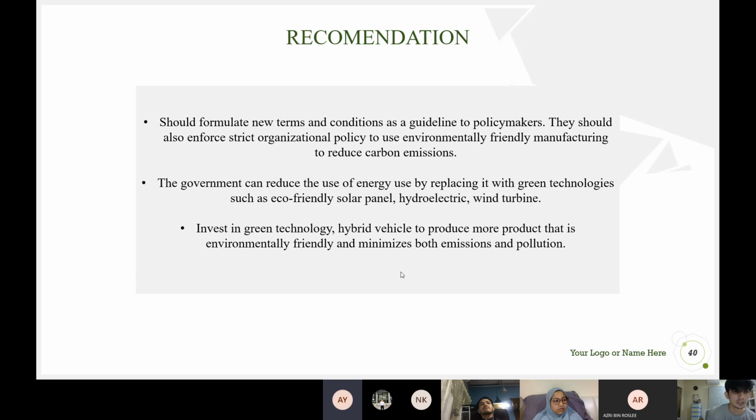In addition to energy generation, the government can reduce the use of energy by replacing it with green technologies such as eco-friendly solar panel, hydroelectric, and wind turbine. Last but not least, they should invest in green technology for the investor. Since the use of green technology is growing, they should invest more in hybrid vehicles to produce more products that are environmentally friendly and minimize both emission and pollution.